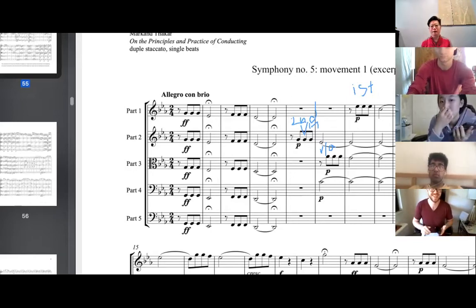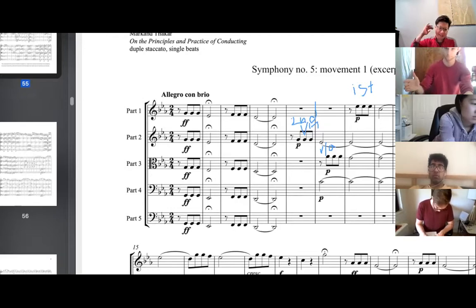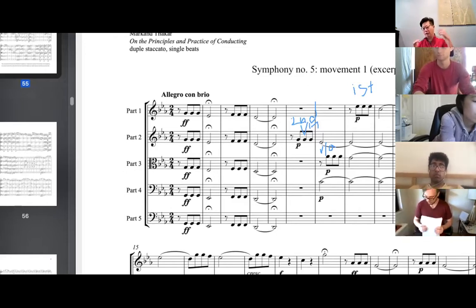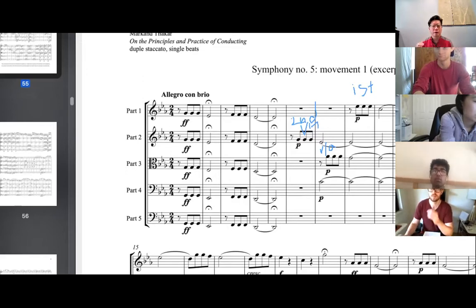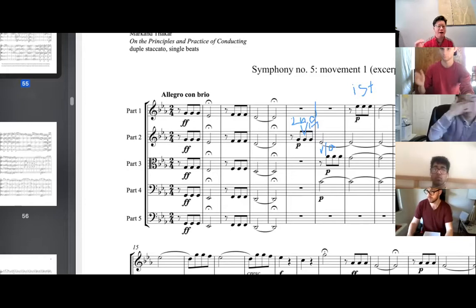So you have to have that tempo in mind. It's much easier if you think about that tempo internally. Get it ready. Okay, here we go.